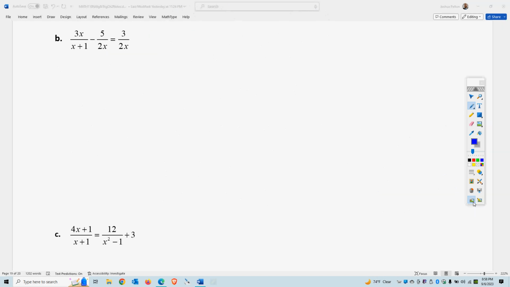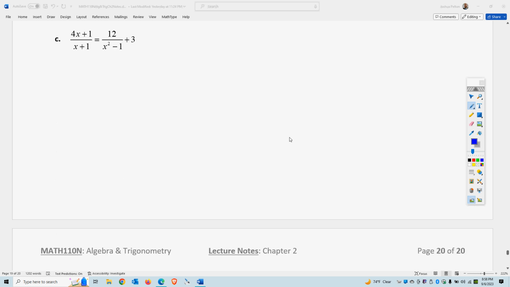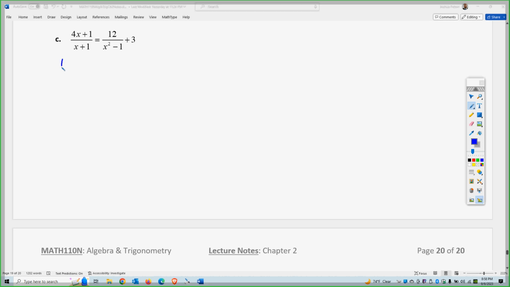So the last one, I'm going to do a little bit of factoring first. So if I rewrite the problem here, I get 4x plus 1 over x plus 1 binomial equals 12 over x plus 1, x minus 1 plus 3 over 1.